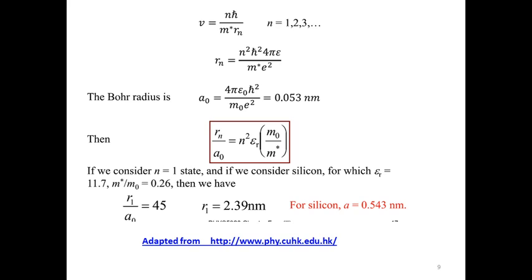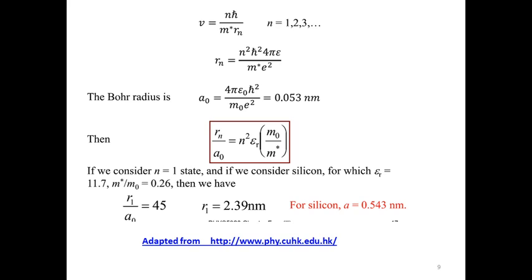Then rearranging the terms, our main purpose is to calculate the ionization energy value in the case of silicon. For that we are using this equation: Rn divided by a naught is equal to n square epsilon r m naught divided by m star.